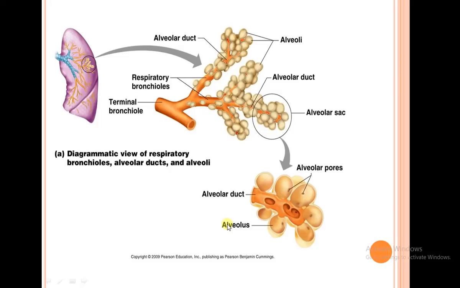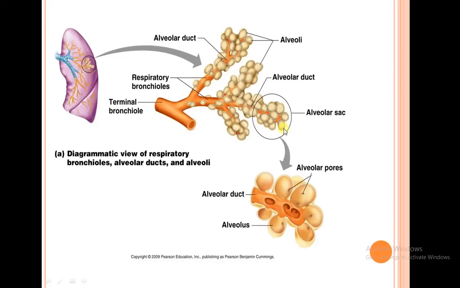Now the most terminal parts of the airways are the alveoli. So here we can see alveoli which are attached to the walls of the alveolar ducts and in bunches at the most terminal part. Now alveolar sacs have very thin walls, as I have just told you, there is a single layer of epithelium in the alveoli.